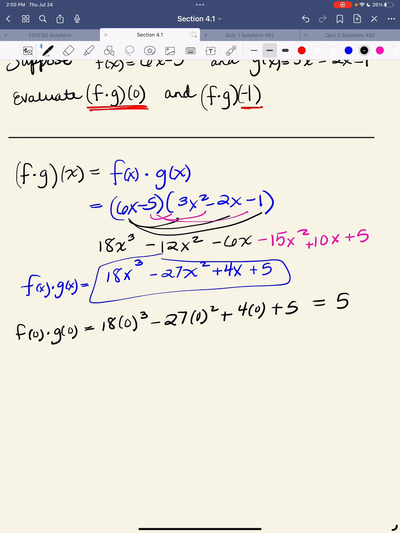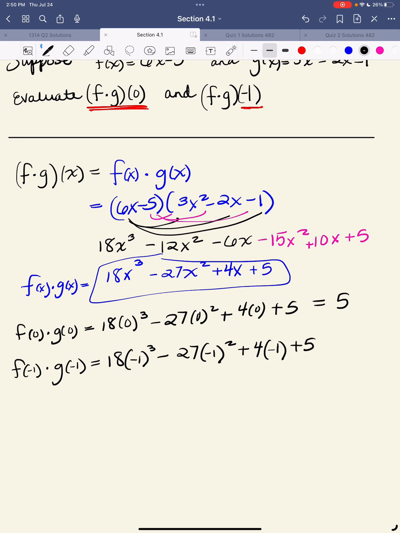What about -1? What about f of -1 times g of -1? Well, this is 18 times -1 cubed minus 27 times -1 squared plus 4 times -1 plus 5.